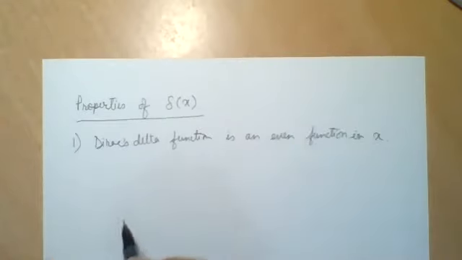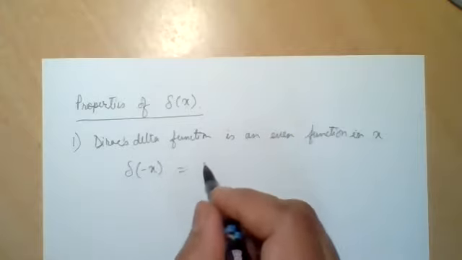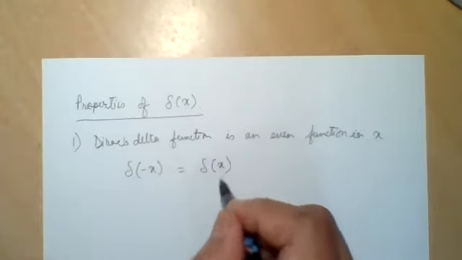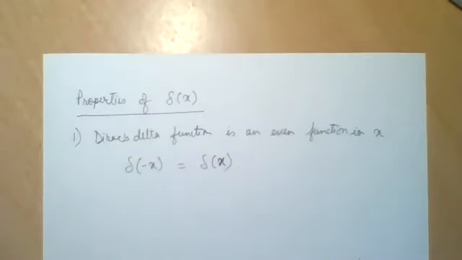What does it mean? It means that delta of minus x is equal to delta of x. This is what we mean by an even function.